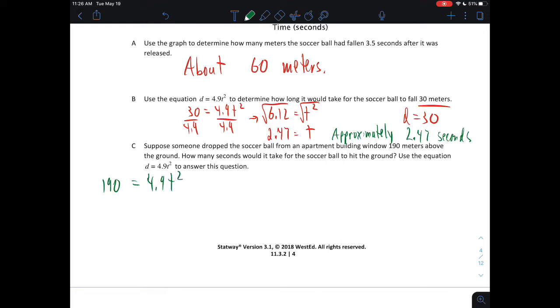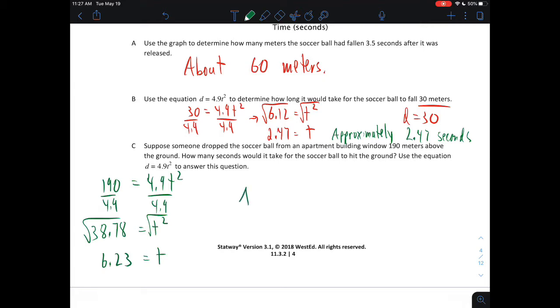Now I have to do the same steps I did before. Divide by 4.9 first. 190 divided by 4.9 is 38.78. And that's equal to t squared. And now take the square root of both sides. The square root of 38.78 gives me approximately 6.23.